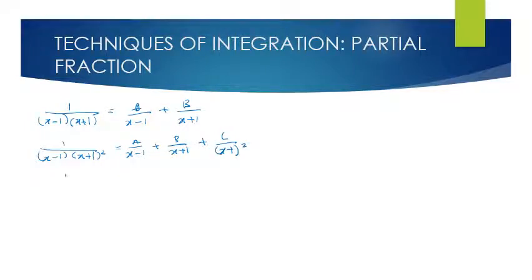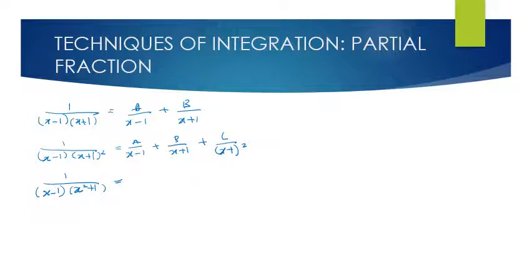Next, what if we have (x - 1)(x squared + 1)? We do not care about the numerator, it doesn't matter as long as its power is lower than the denominator.